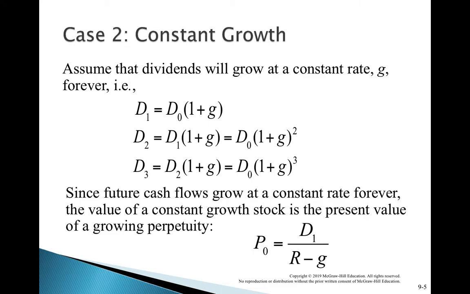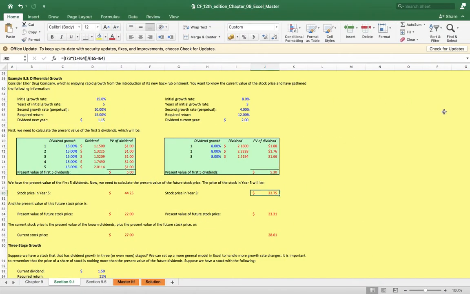D1 divided by R minus G. For example, in our situation, $2 is the dividend, the growth rate is 10%, and the cost of capital, for example, 15%.